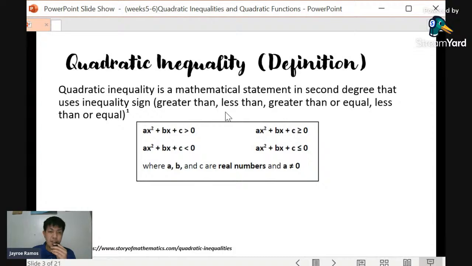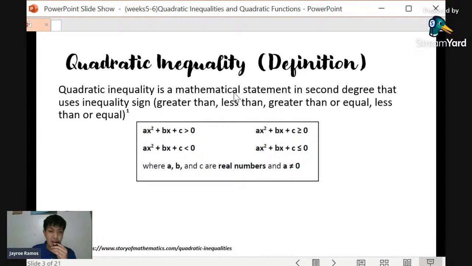Ang pinagkaiba lang nito sa quadratic inequality, instead of using equal sign sa quadratic equation, in quadratic inequality, we use inequality symbol. Pero pareho silang quadratic, okay? So ibig sabihin, ang pinakamataas pa rin na exponent ng variable ay 2.